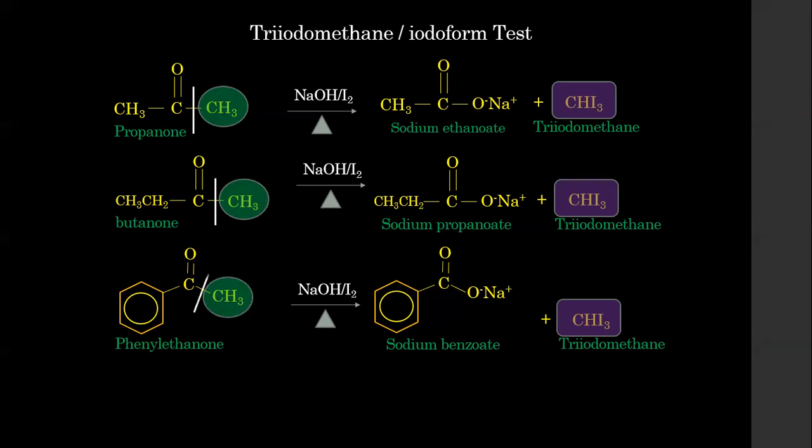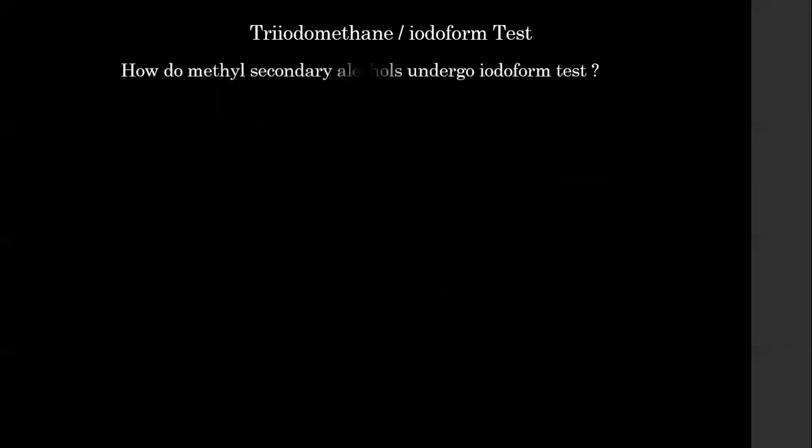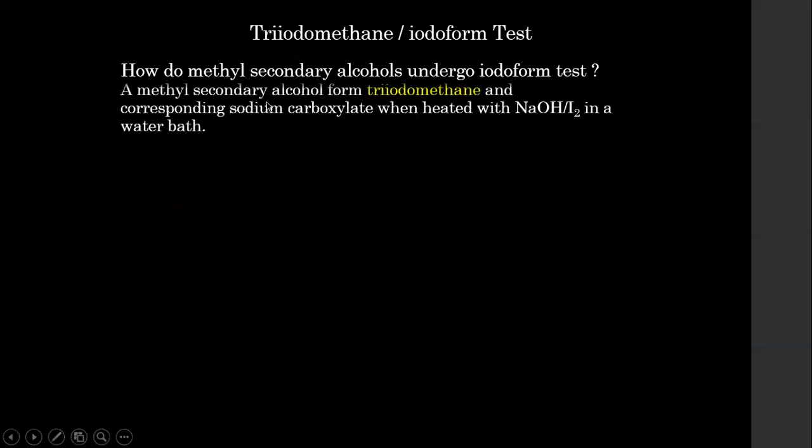The same type of reaction occurs. The CH3 part comes out and goes to triiodomethane, leaving a product molecule with 1 carbon less. So that's about methyl ketones. Now, if we talk about how methyl secondary alcohols undergo the iodoform test, what's the structure of a methyl secondary alcohol?